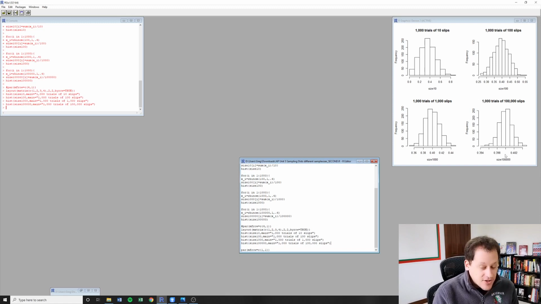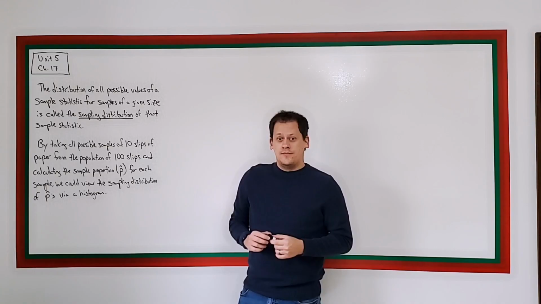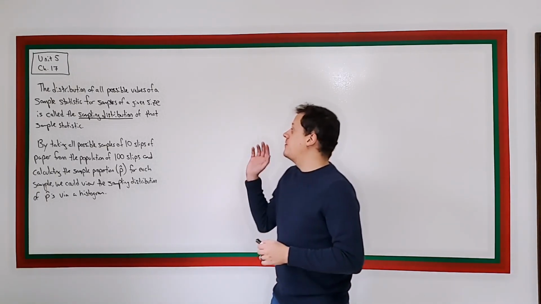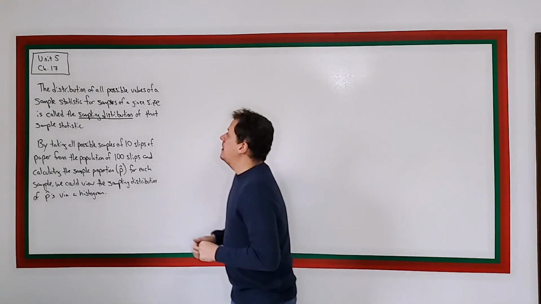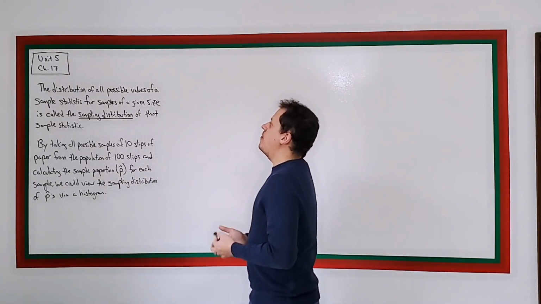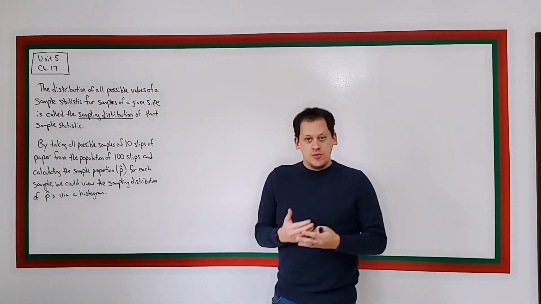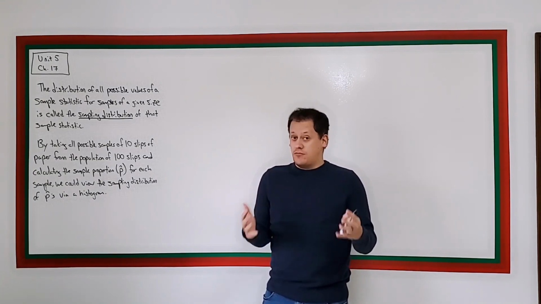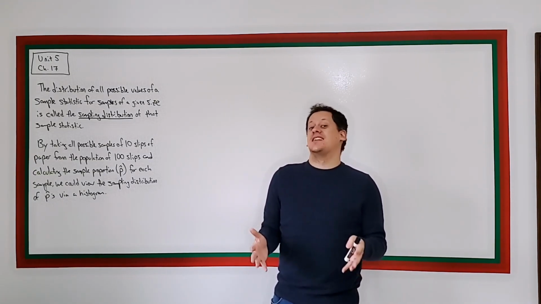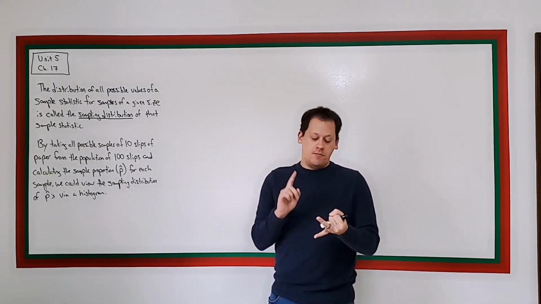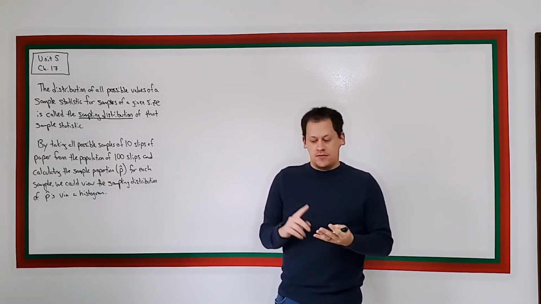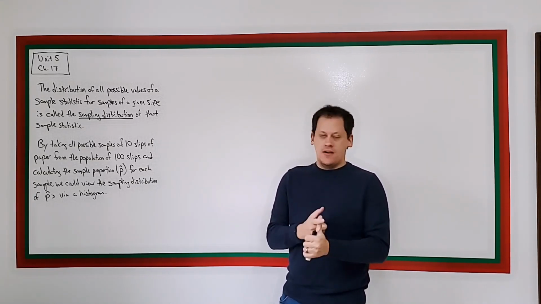And this is the foundation for this entire unit. If you take all the possible samples of a given size from a population, that's what's called a sampling distribution. Okay, so this is what we have determined here. The distribution of all the possible values of a sample statistic, and this applies to any sample statistic: proportions, means, medians, IQRs, standard deviations, ranges.